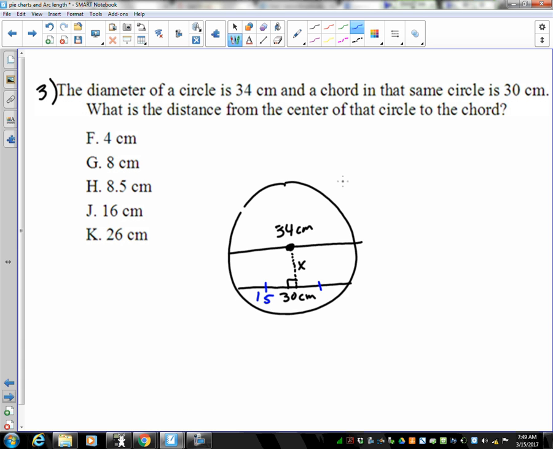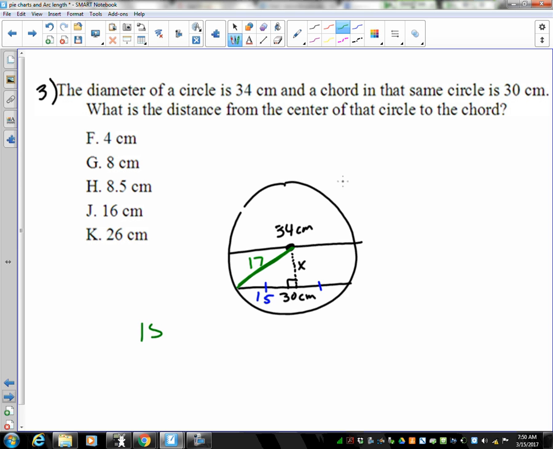Now, let's just do like we did on the last two problems. We're going to create a radius, so we can use a right triangle to help us find that distance right there. Now, this would be a radius, and since my diameter was 34, that means my radius would be half of that, so this radius would be 17. And so now I can find that distance by using the Pythagorean theorem again.